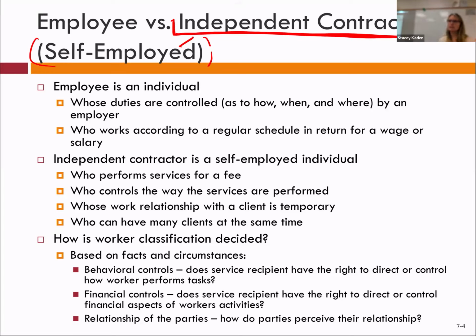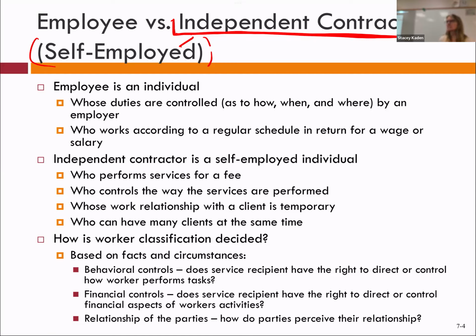So let's talk about the difference, and then we'll talk about why it really matters to the IRS in a little bit. All right, an employee is an individual whose duties are controlled by an employer. All right, Dr. Otero cannot just decide that next week she doesn't want to teach managerially anymore.